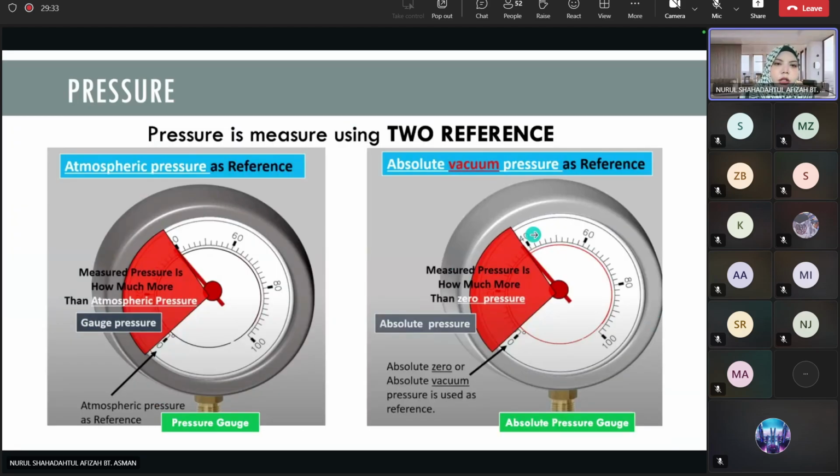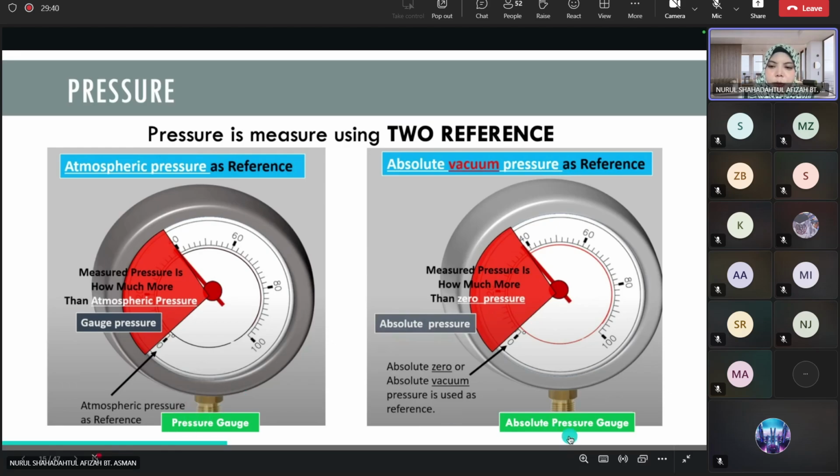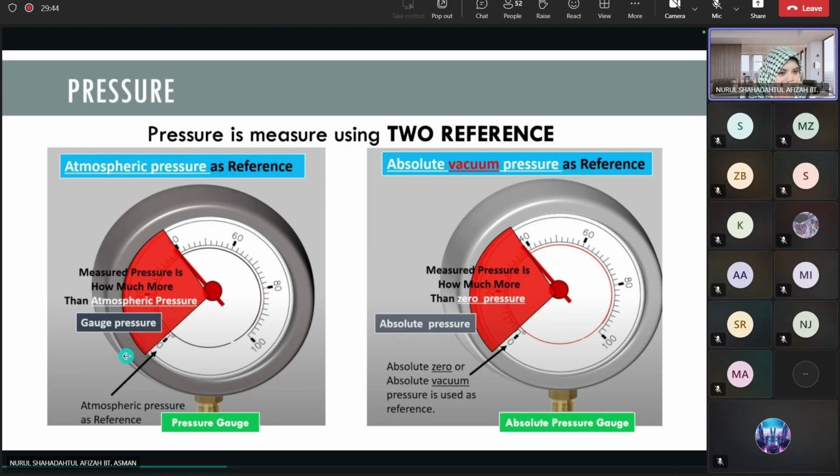Pressure can be measured using two references, which are gauge pressure and absolute pressure. It's different. So I will show a video next to show the example of these two different types of pressure measurement.